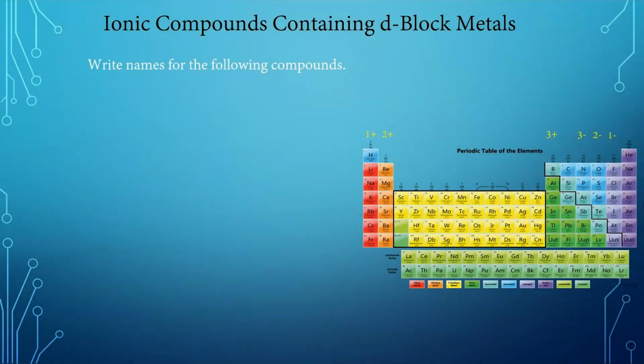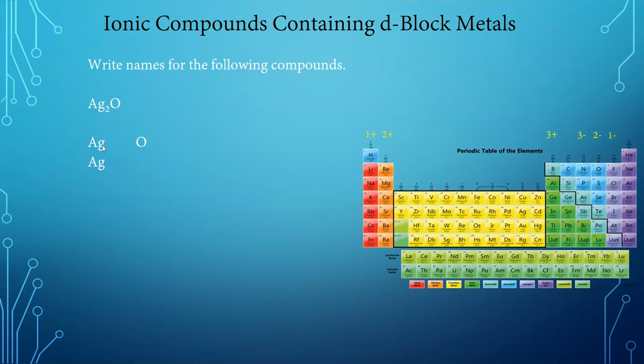Let's go ahead and work some practice problems using some metals from the D block. So for our first one, Ag2O. Good thing to start with when you're getting the hang of this initially is to write down a list of all the atoms. So we can see that there are 2 atoms of silver and 1 atom of oxygen in the compound.